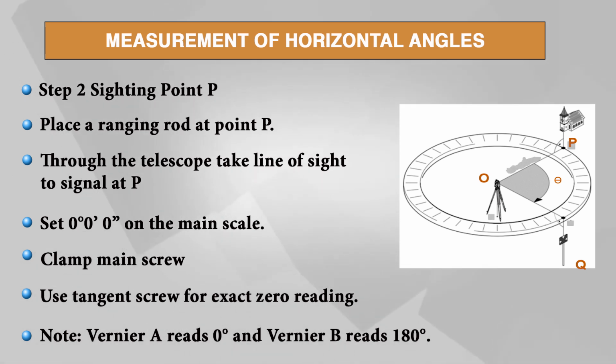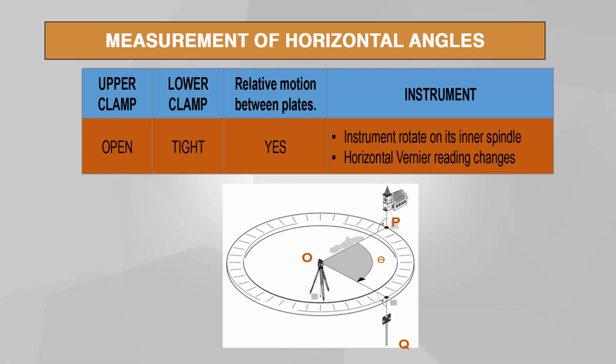Now, we want relative displacement between the plates for measuring angle POQ. So, we have set point P reading as 0. Now, we will swing our telescope to point Q. At this point, we are interested in relative displacement between the two plates. So, what do we do for that? The upper plate is loosened so that the inner spindle will rotate, and the lower clamp is tightened.